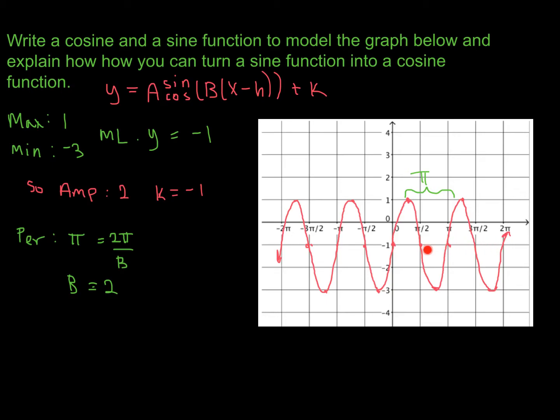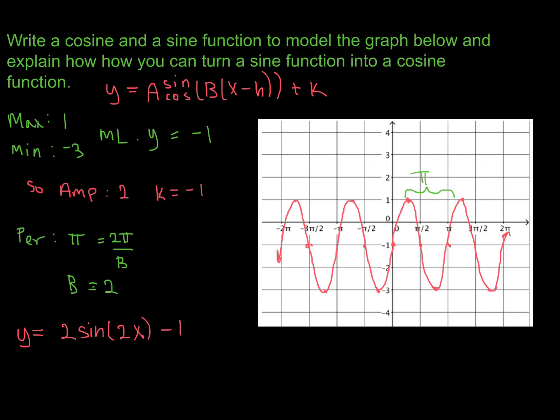Our midline is y equals -1. The y-intercept is at y equals -1, and then that is increasing. So this would work for a sine function with no phase shift. And so this allows us to write our first function, y equals 2 sine, the b value is 2 x, there's no phase shift, minus 1.